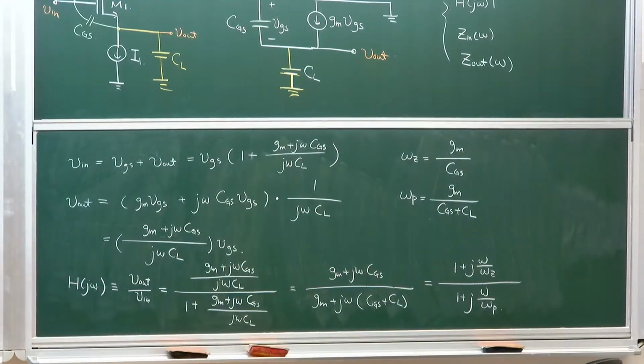So can you tell me which one has a lower frequency, the pole or the zero? That will determine the shape of your Bode plot. Let's do the Bode plot over here.